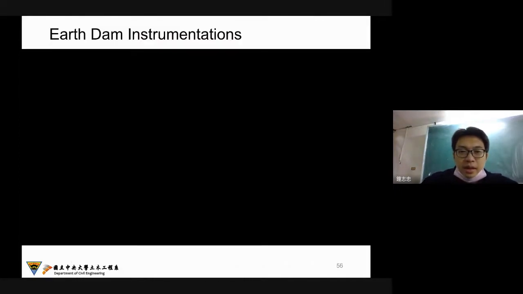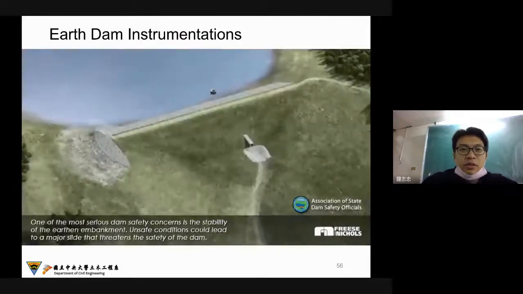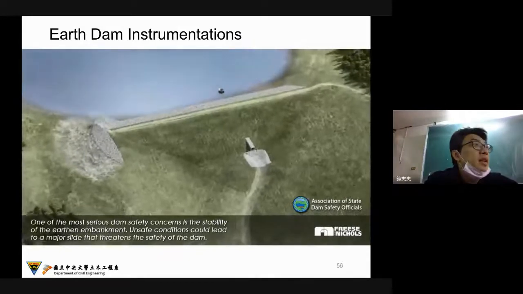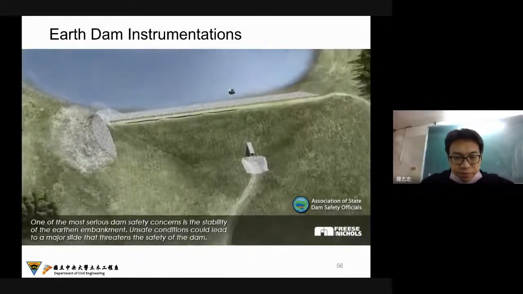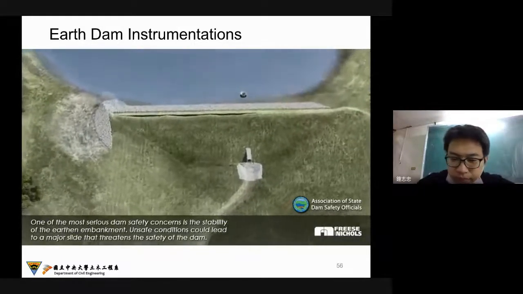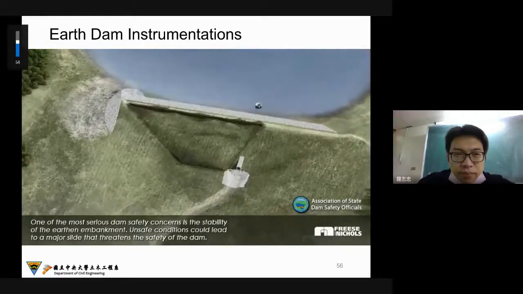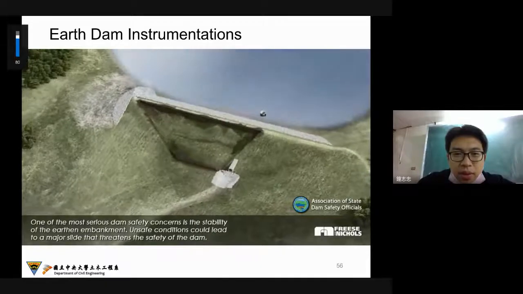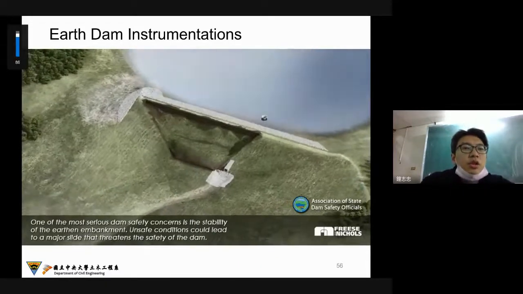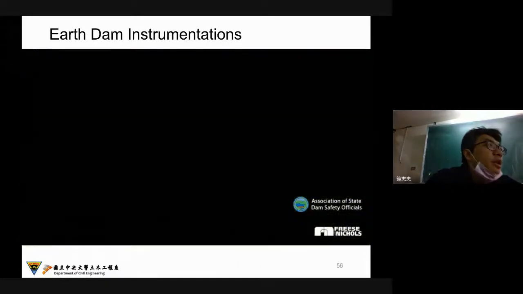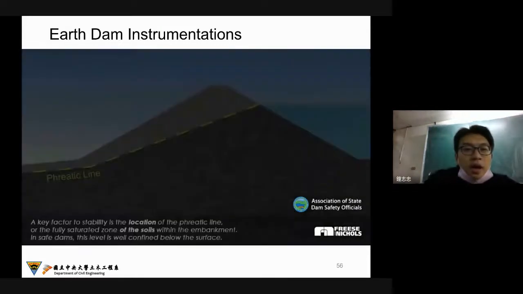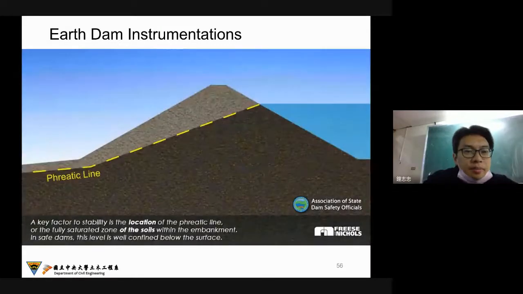So here I have a very quick video to show you the earth dam. And this video shows the potential failure modes of the earth dam.